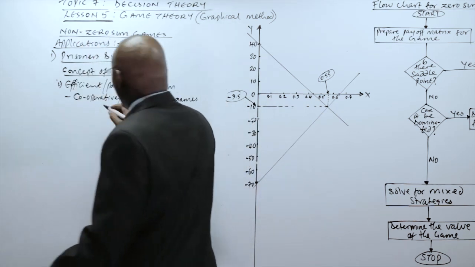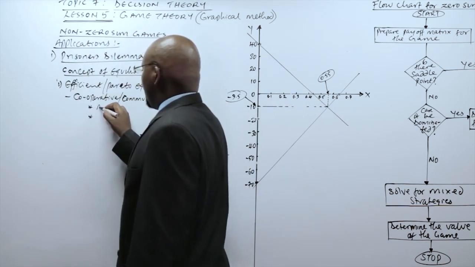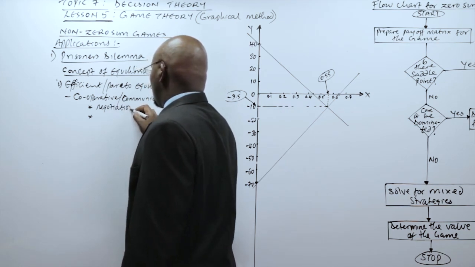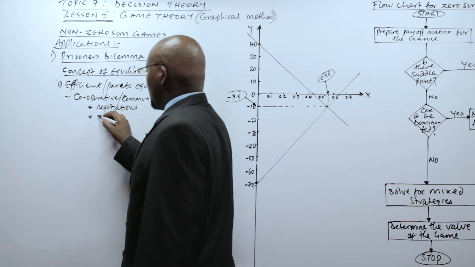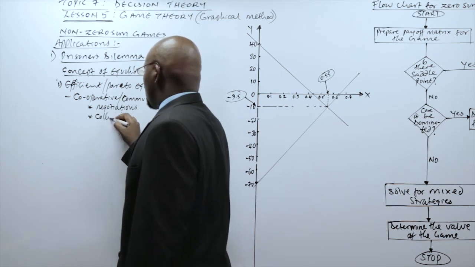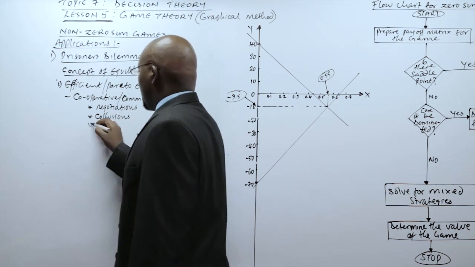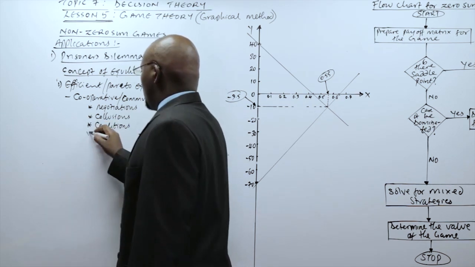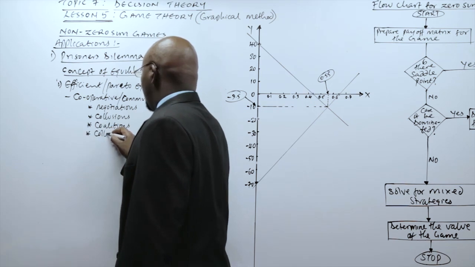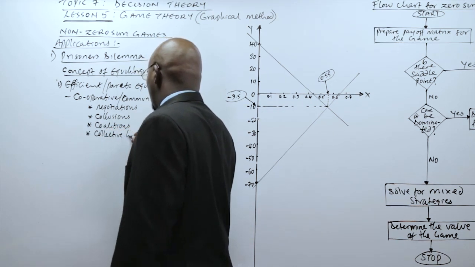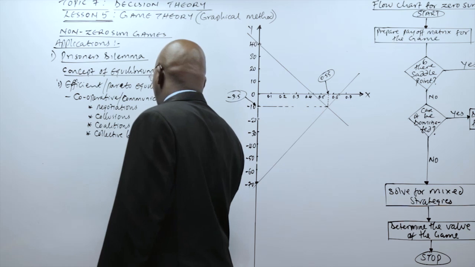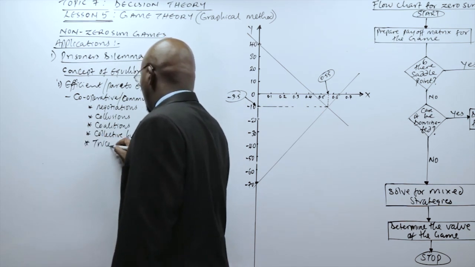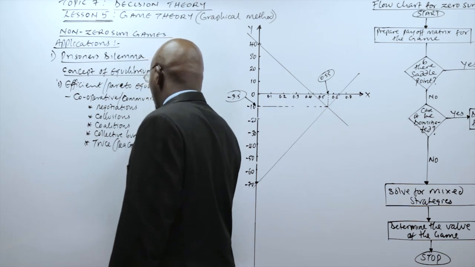Now, these communication games are just like negotiations. We can talk of collusions, we can talk of coalition, we can talk of collective bargaining, we can talk of truce, that is peace talks.